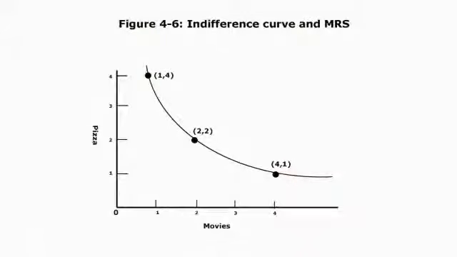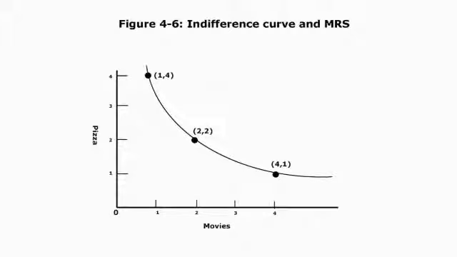To see that, look at this graph, and let's compute the marginal rate of substitution along each segment. Let's localize. Imagine the segments were linear. Imagine we had two linear segments between these points. We don't, but imagine for a second we did. The marginal rate of substitution from the first point, 4 pizzas and 1 movie, to the second point, 2 pizzas and 2 movies, is -2.